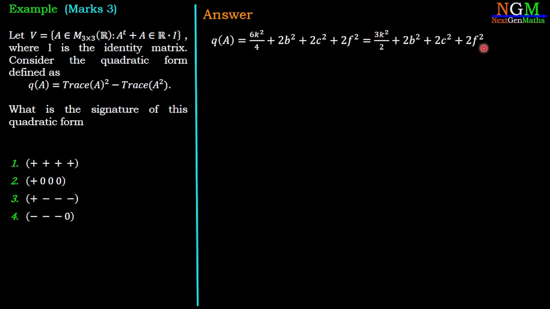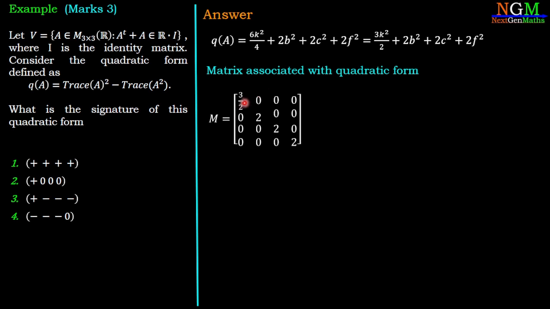Now, the matrix associated with this quadratic form is M equal to diag(3 by 2, 2, 2, 2), that is 3 by 2 0 0 0, 0 2 0 0, 0 0 2 0, 0 0 0 2. Because we have only square entries, the other entries are 0, and square entries give only the diagonal values. M is a diagonal matrix.